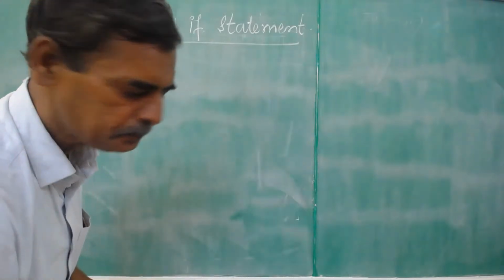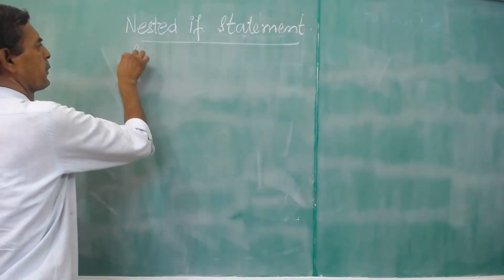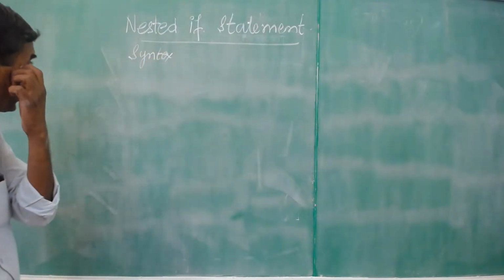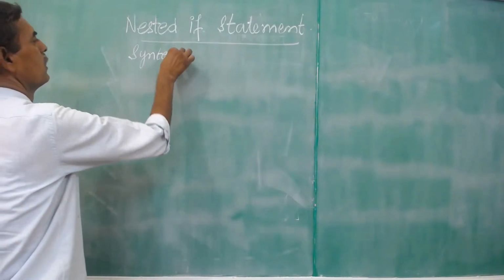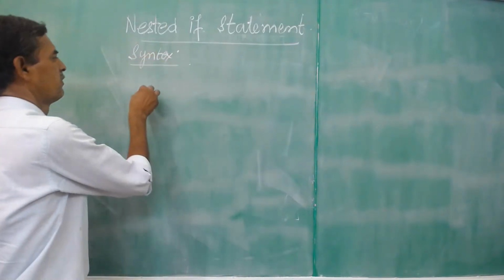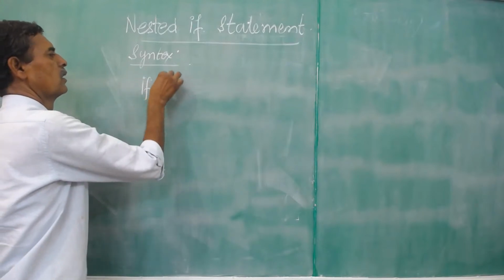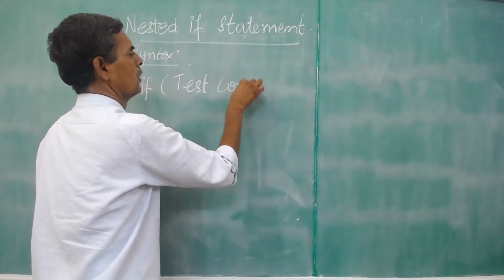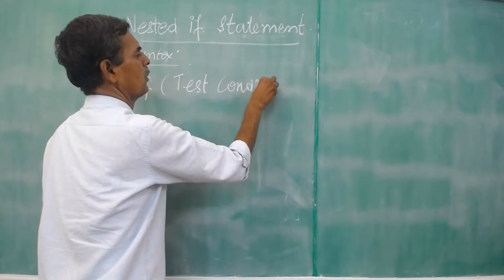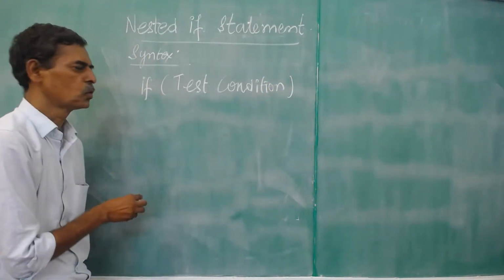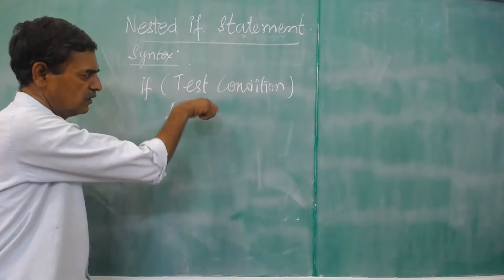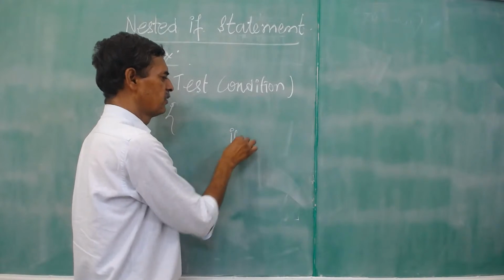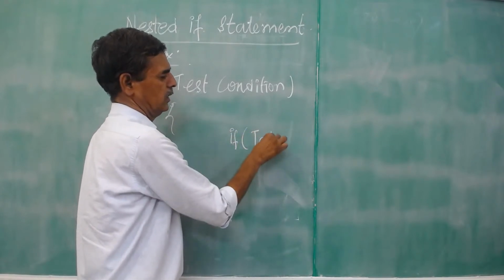You can see here the syntax. The syntax is: if test condition. If the test condition is true, then control comes inside the if block. In the second level of testing, here again: if test condition.